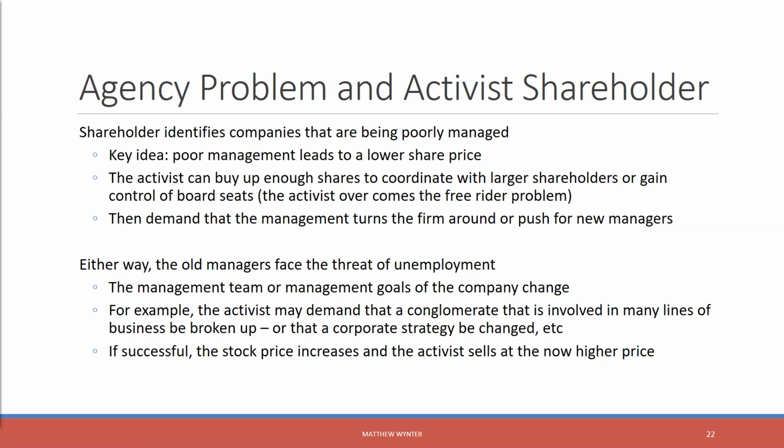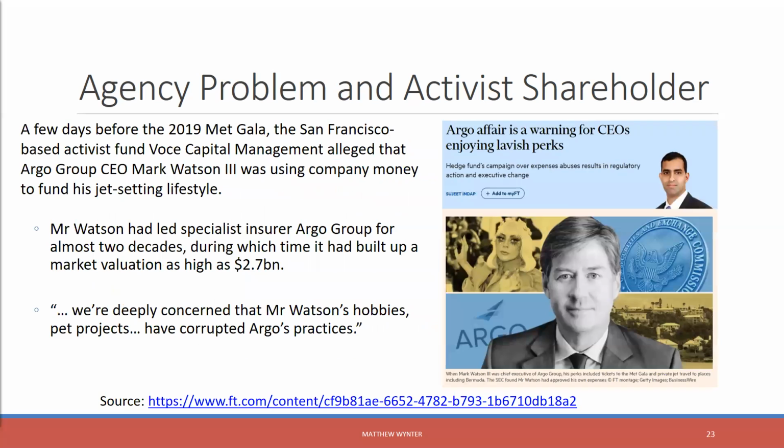If you demand that the management turns the firm around or you push for new managers, you're basically saying whatever you've been doing hasn't been working. The activists may demand that a conglomerate be broken up or that the company change its strategy, maybe dropping lines of business that are unsuccessful. If successful, the stock price is going to increase, and now as the activist, you sell at the much higher price.